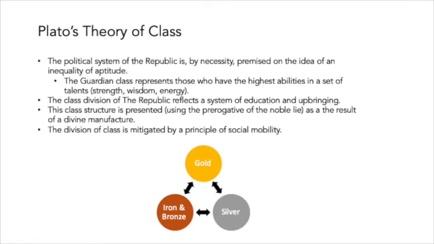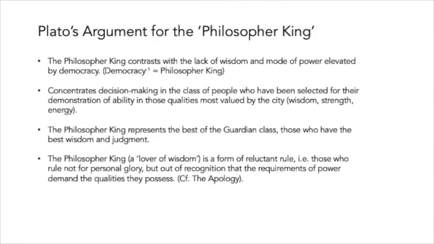Those who are children of gold parents may themselves be silver or bronze or iron. In other words, there's an element of social mobility or mixture or movement inside this social system, so that you and all of your progeny are not locked perpetually into this rigid system of class.